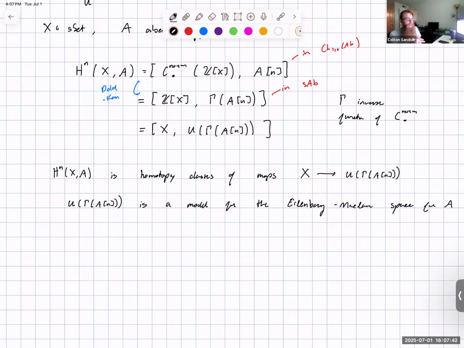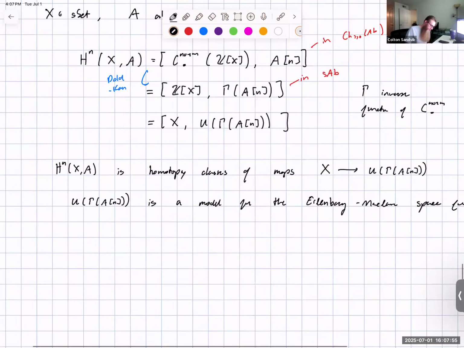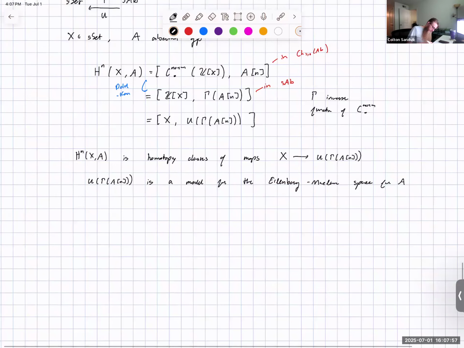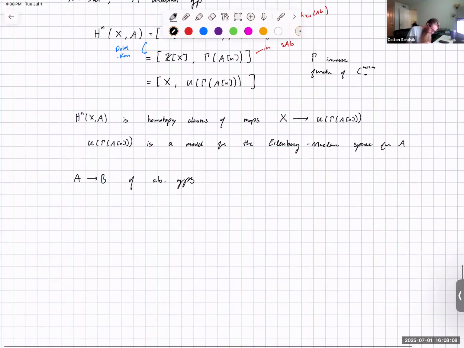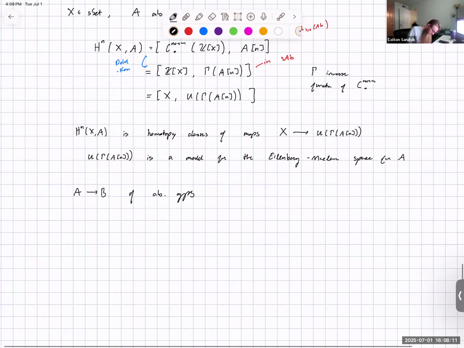So I think that alone is neat. We have a construction that's simplicial. It requires some machinery, but it is what it is. But moreover, this gives you some insight that this is not just any construction, it's a functorial one, right? So for instance, if we have a map A to B of abelian groups, then because all these things are functors, we get a map of Eilenberg-MacLane spaces.